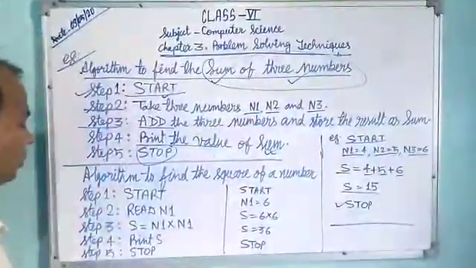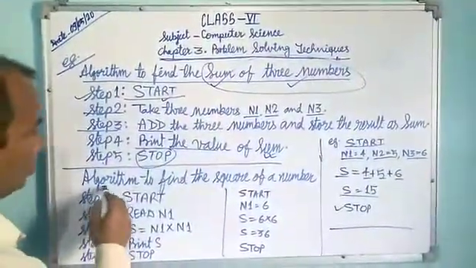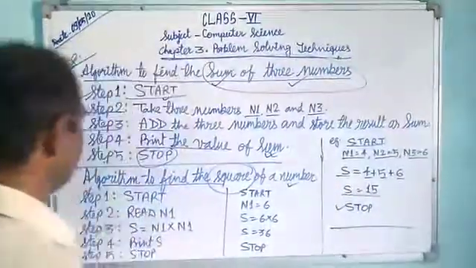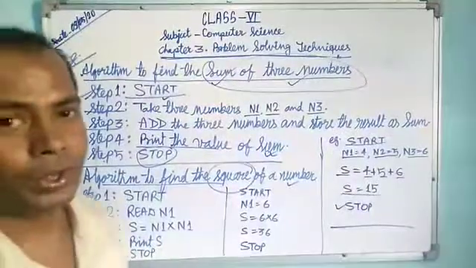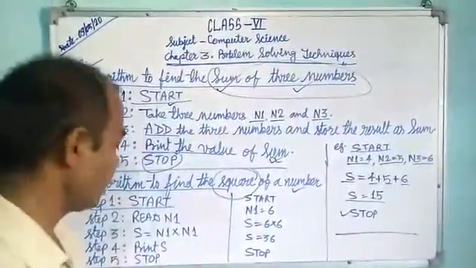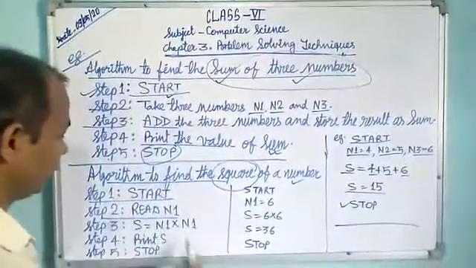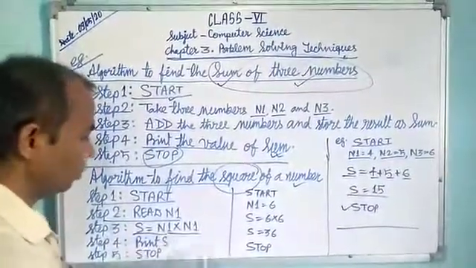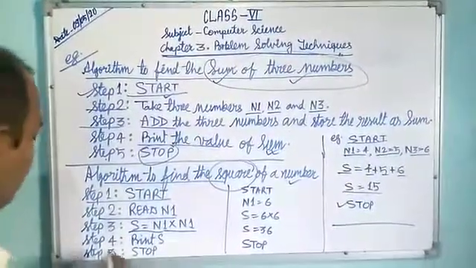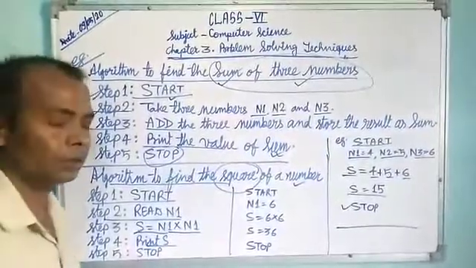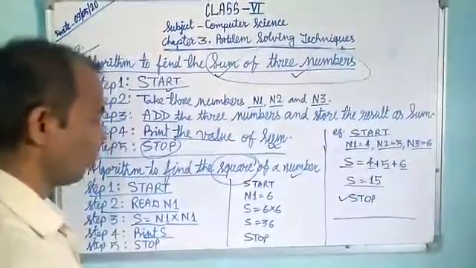In the same way we can also write the algorithm to find the square of a number. So again the same process we are doing. Let's write first the start, and then take the number n1, and then square s is n1 into n1, and then step 4 print s, and after that we have to write the stop.